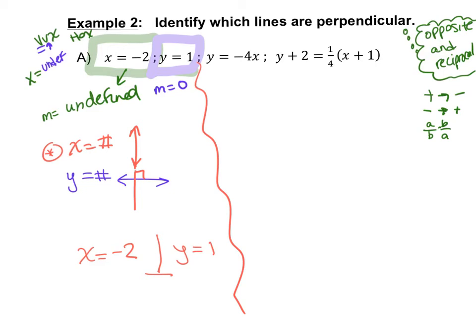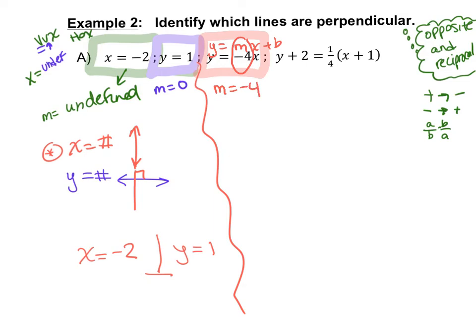Next one. Y equals -4x. The slope is -4. Remember again, if I am looking at this equation and I am imagining that it's in y equals mx plus b format, the b is 0, but the m is -4.